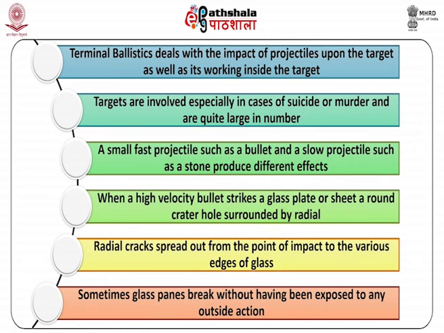Lastly, we have learned in this chapter that sometimes glass panes break without having been exposed to any outside action. The cause of this is that strain may be left on glass during its manufacture, and this can cause a sudden breakage even without any external stimulus.